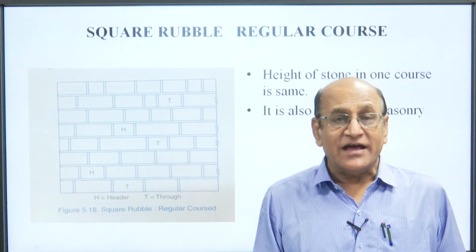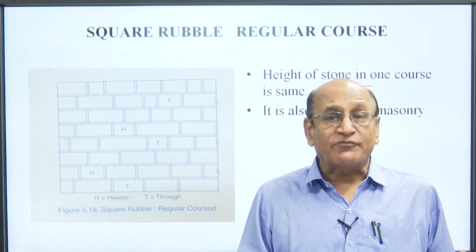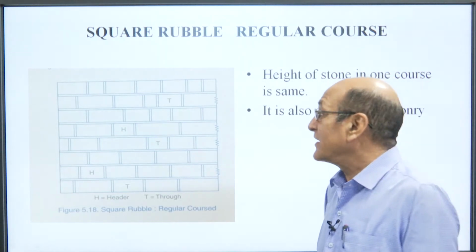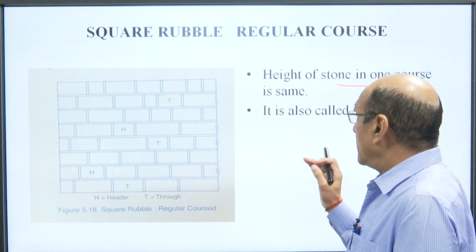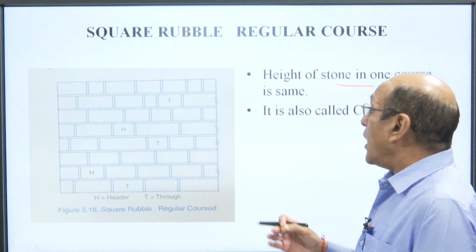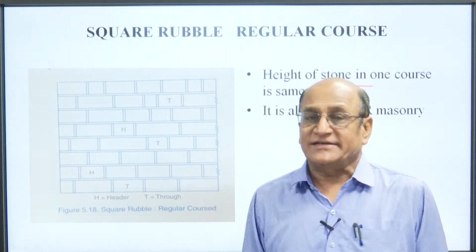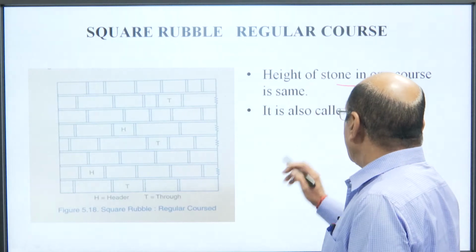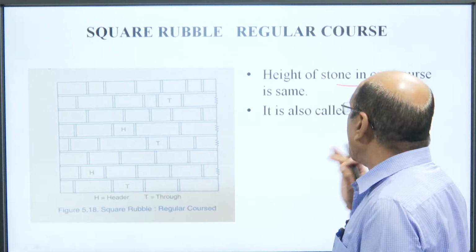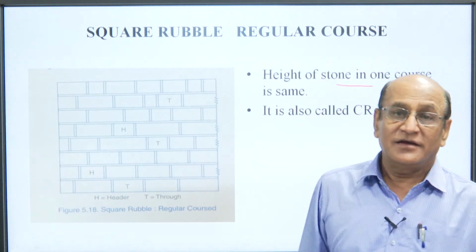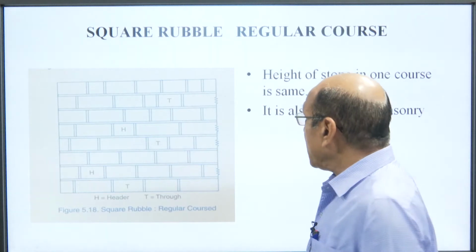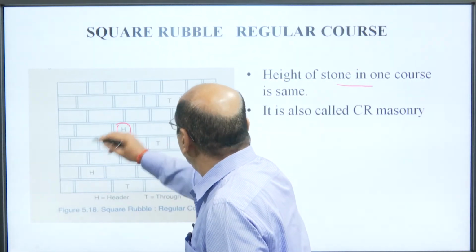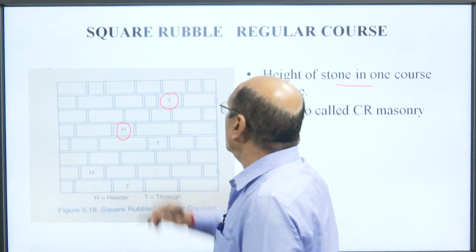So by means of tools we prepare stones of equal height. It is also called CR masonry. Here we can see, of course, this is the header, this is the through.